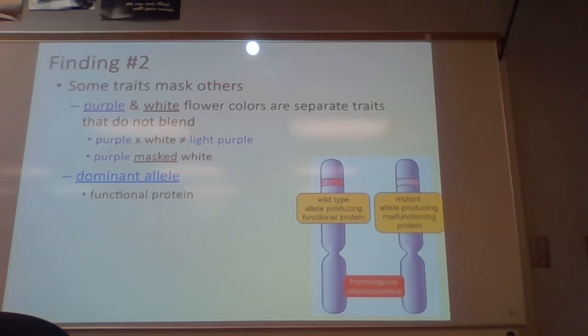Generally speaking, this is not always true, but generally speaking, the dominant allele is going to make a functional protein. So in the case of our flower color, the purple allele codes for an enzyme that results in purple pigment. Therefore, the flower is purple.